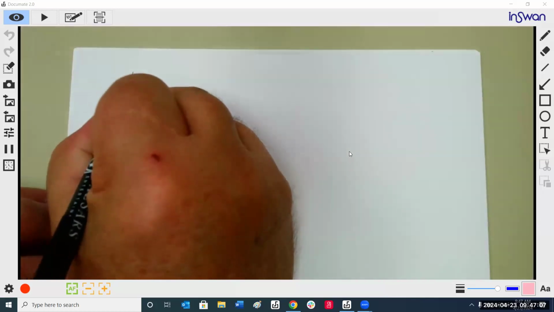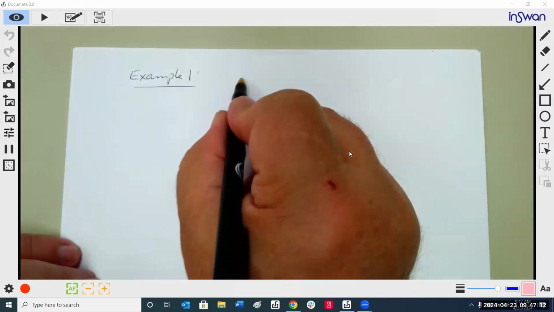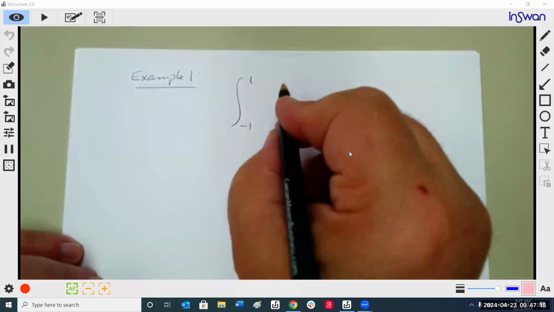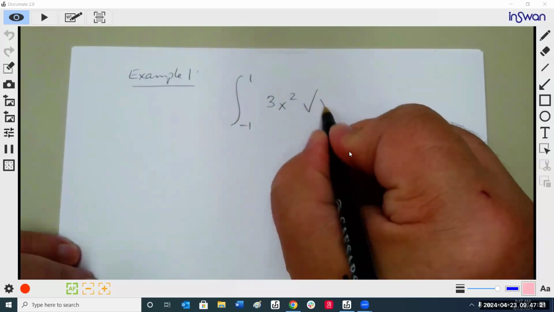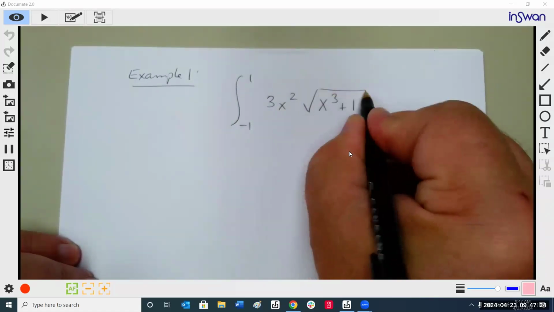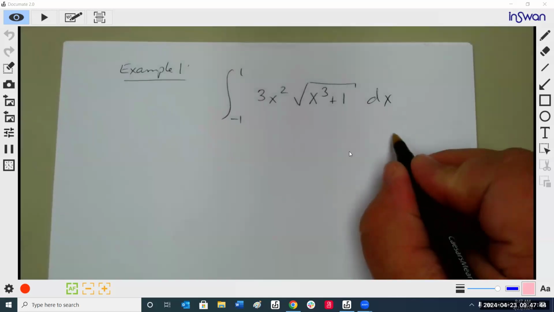Example 1. Evaluate this equation. So how would you do it? What's my first step? We have to find a u.